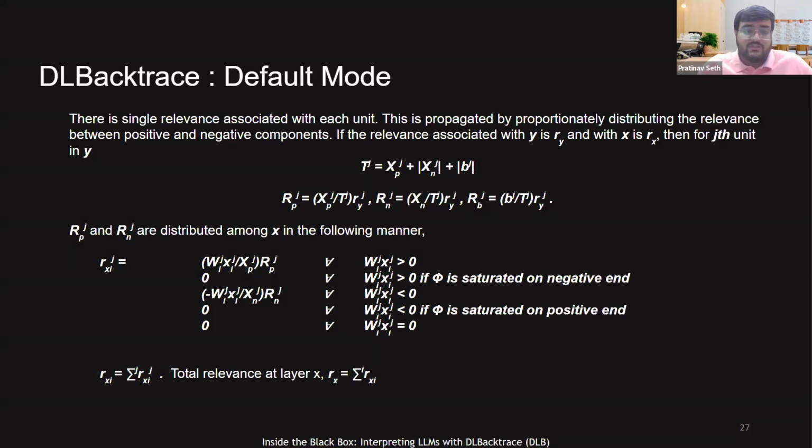Here xp and xn are the positive and negative contributions, and b is the contribution of the bias term. Based on the positive contributions we talked about in the earlier slide, we calculate the relevance based on certain conditions.